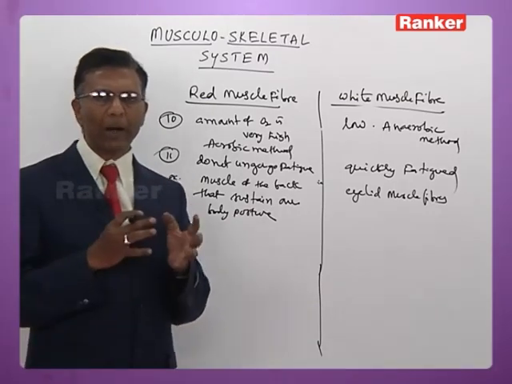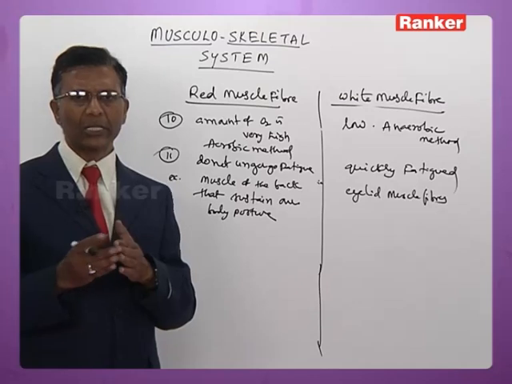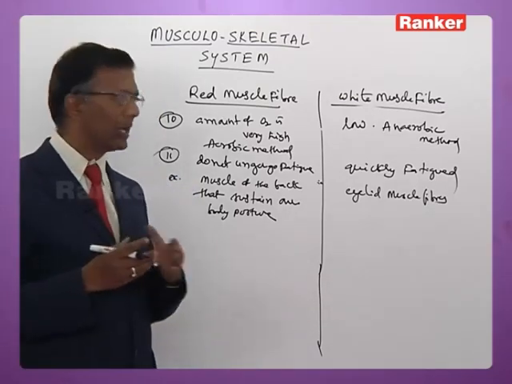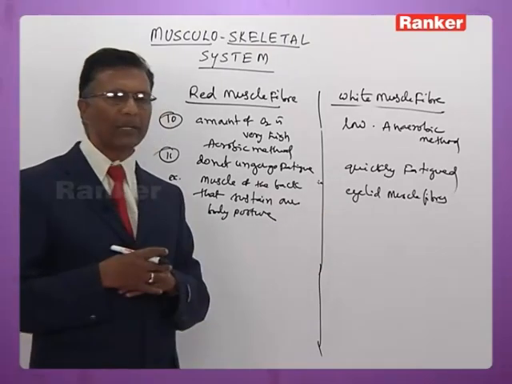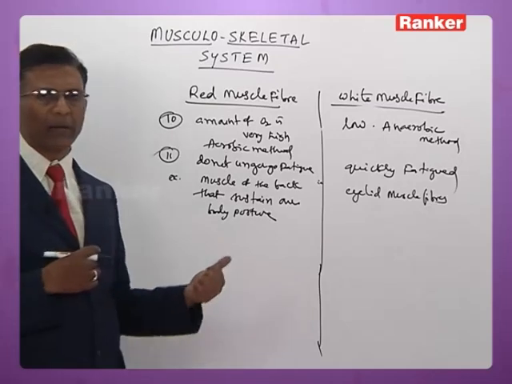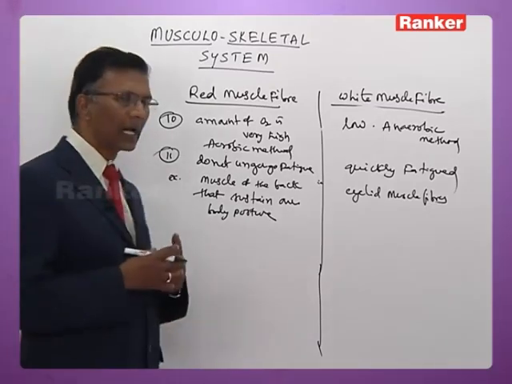So people who take part in athletic events like javelin throw, shot put, high jump, long jump or swimming have more white muscle fibers. People who take part in marathon races and so on have red muscle fibers.